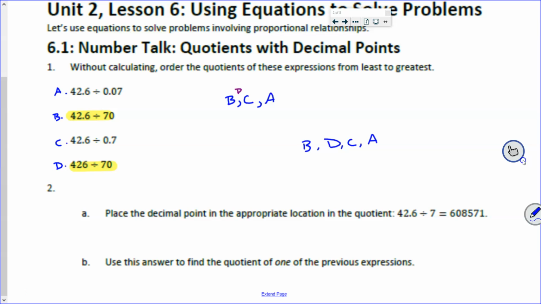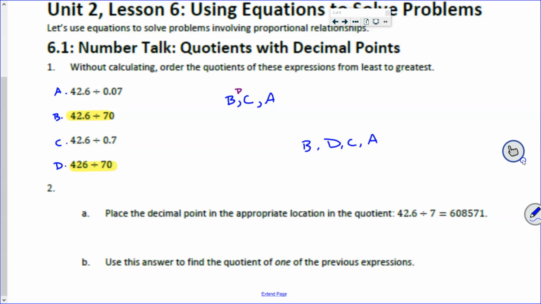Seth. Do we move the decimal place over when we divide? Think about what that would look like if we're doing long division.